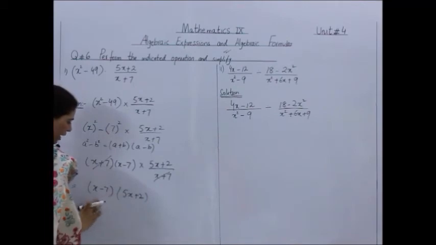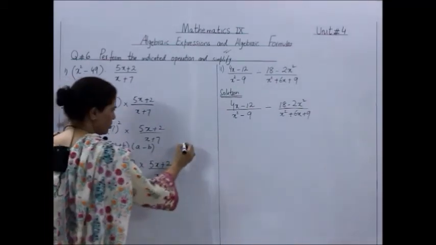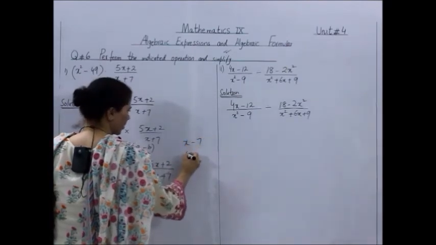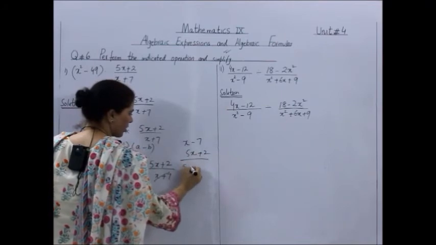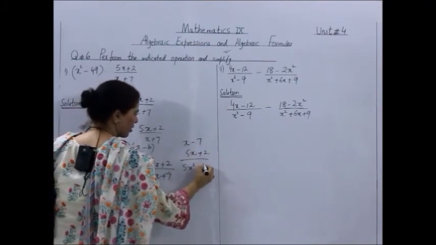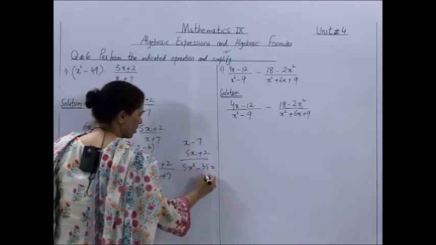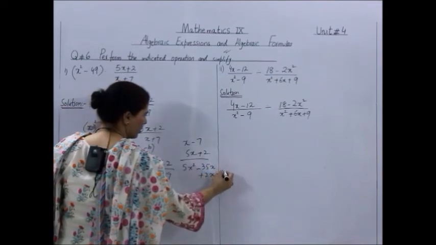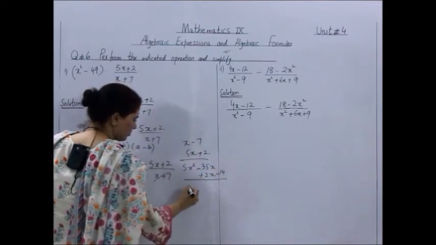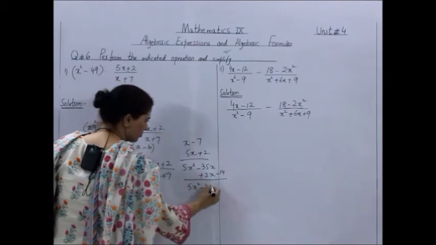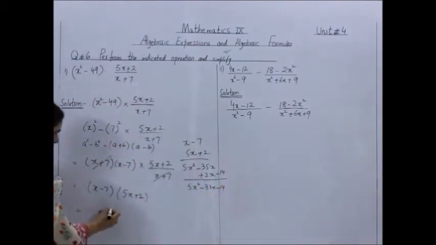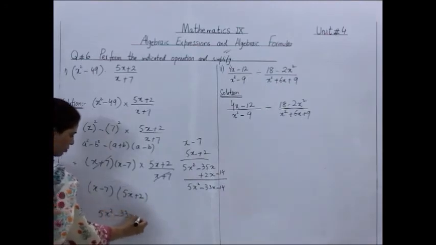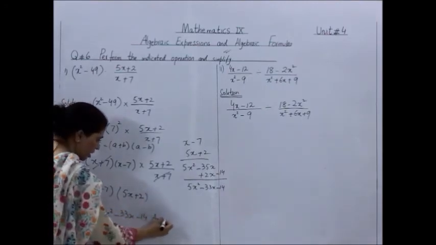So for simplification, what you have to do is multiply x minus 7 with 5x plus 2. So minus 14 is your answer.